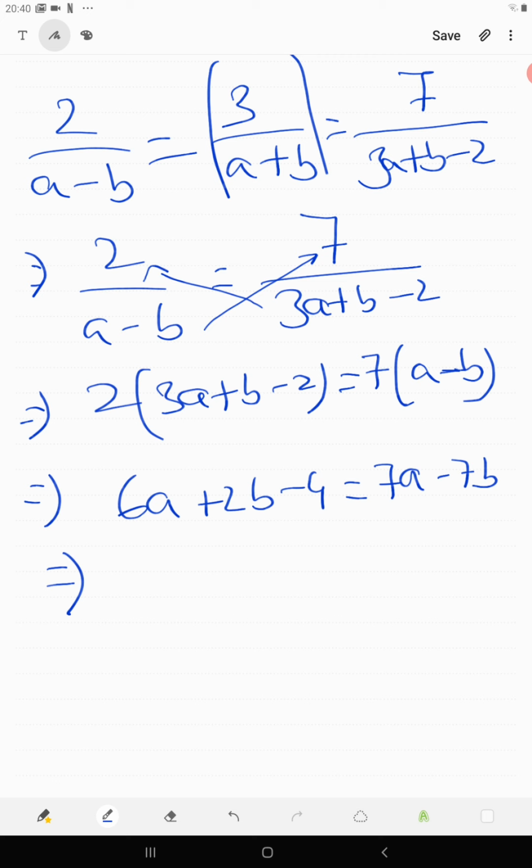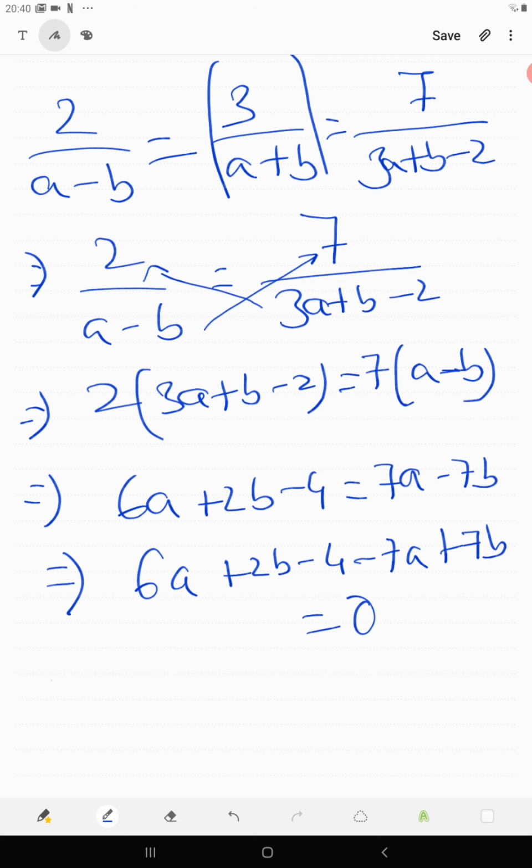So let's bring it to the left. What we will get is 6a plus 2b minus 4 minus 7a plus 7b equals 0. 7a is positive on the right, so it becomes negative on the left. Similarly, 7b is negative on the right, so it becomes positive on the left.